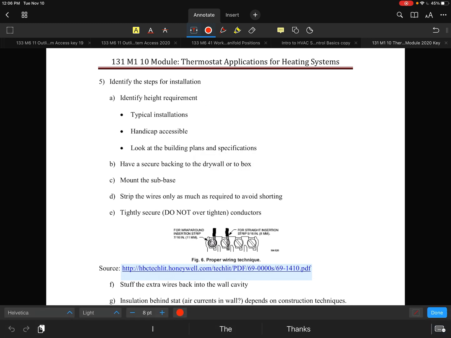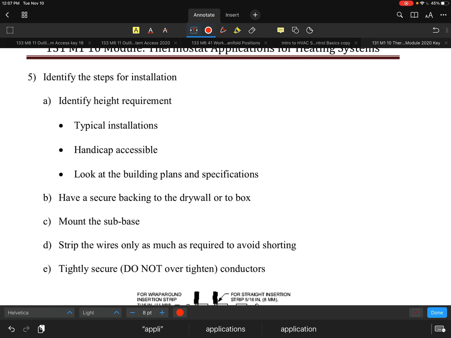So one of the areas that I oftentimes would take a look at is identifying the height, if it's a normal residential, a typical residential application.